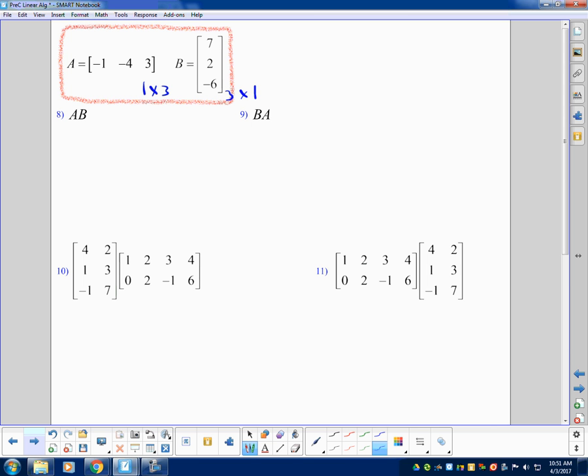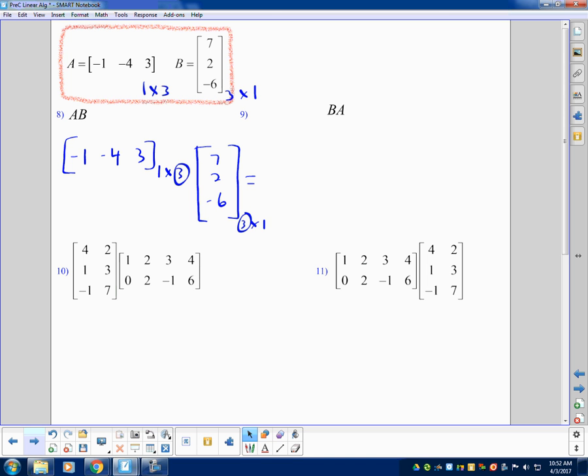So if I go to do A times B, I've got a 1 by 3 times a 3 by 1. Will the multiplication work for this? If you look here at the dimensions, those inner dimensions match, so this will work.